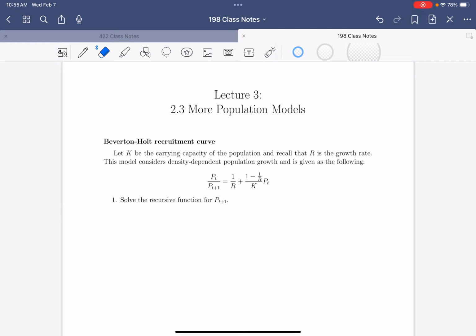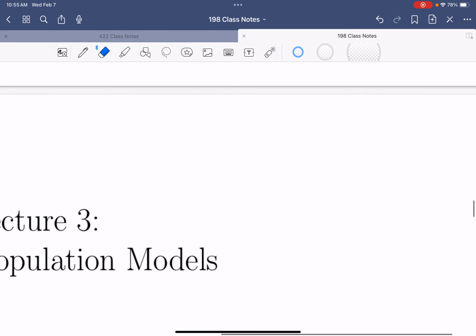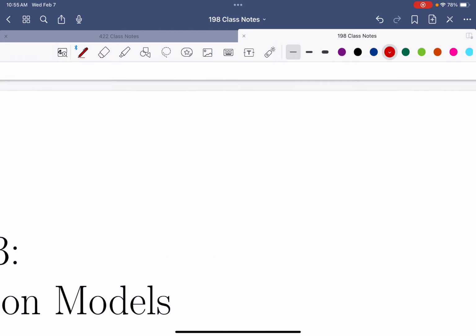And I believe at the end of that, we took a look at density dependence, right? This is backtracking to section 2.1 so that I can build from there. From section 2.1, we had the recursive formula that P_{t+1} equals R times P_t.